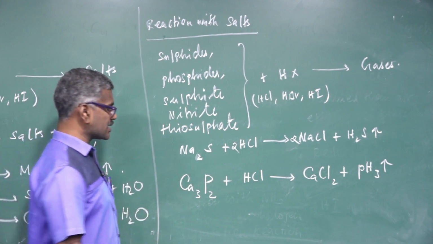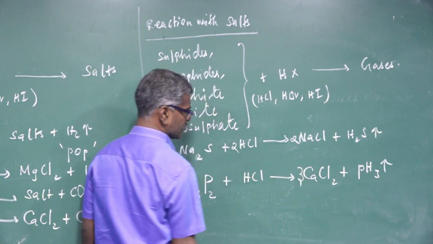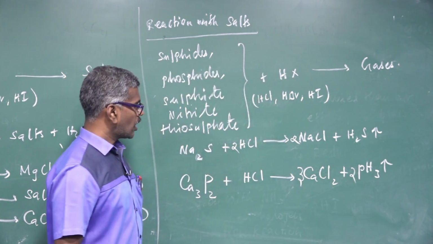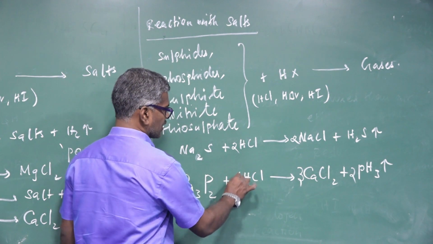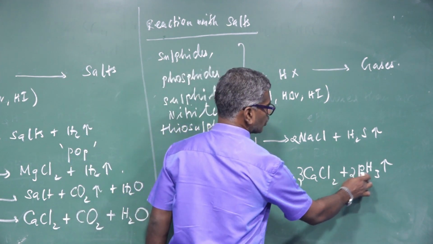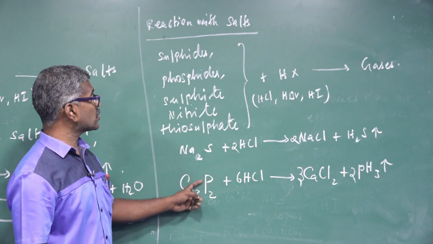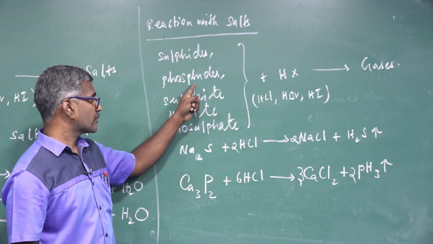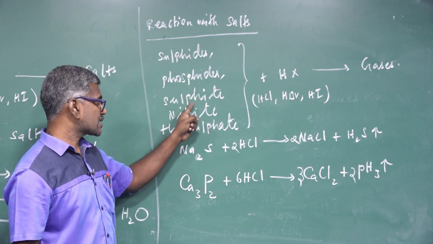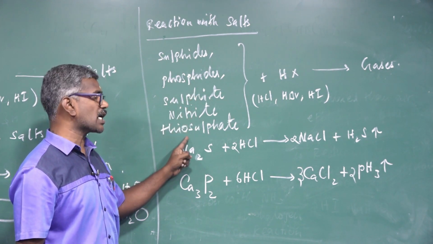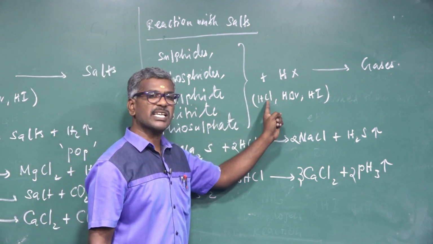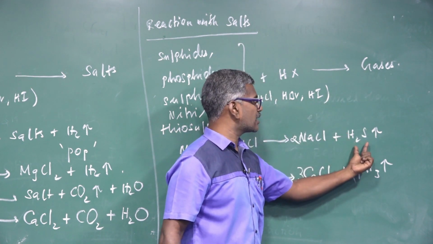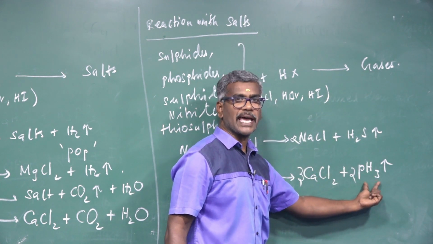Balanced equation: 3 calcium, 2 phosphorus, 6 chlorine, 6 hydrogen. So this is the reaction with salts. Sulfide, phosphide, sulfite, nitrite and thiosulfate salts all react with HCl, HBr or HI and form gaseous molecules: H2S as a gas, phosphine as a gas.